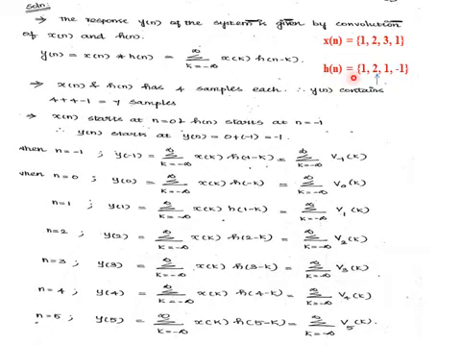Whereas in h of n, since the arrowhead is mentioned below the second sample, this represents the origin, and the sample to the left of it represents n equal to minus 1. So here h of n starts at n equal to minus 1. Therefore, x of n starts at 0, h of n starts at minus 1, so y of n will start at 0 plus minus 1, which is minus 1.